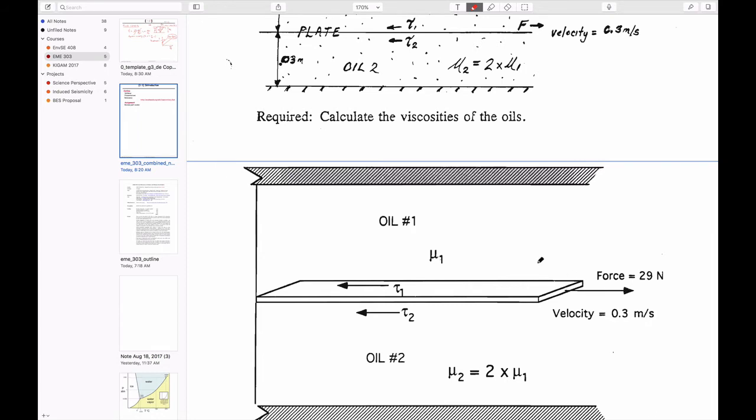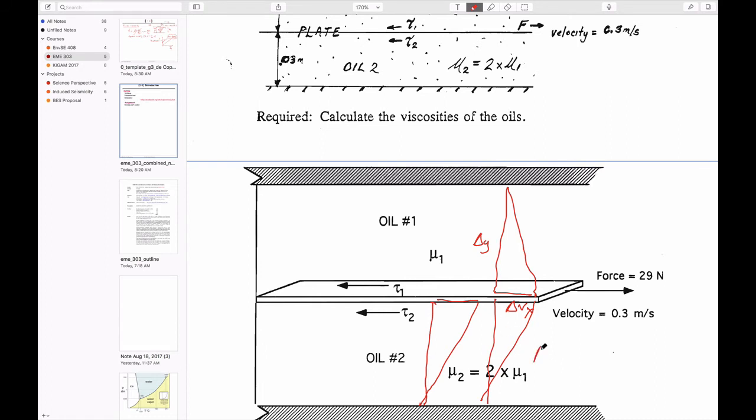Well, you know the velocity of this plate, this is delta y, and this is delta Vx. It has to be the same velocity applied between the upper component. I could perhaps have more usefully drawn them both here.